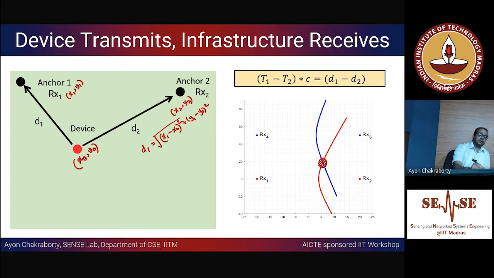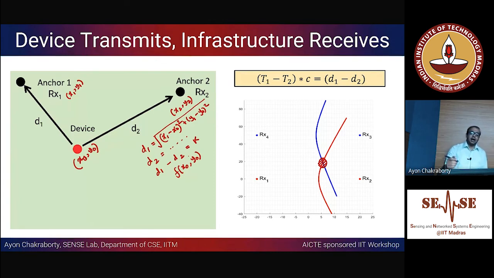You have an idea of what d2 is, and d1 minus d2 is equal to some constant k. Write and expand this equation; everything here is known other than x naught and y naught. This is a function of x naught and y naught that describes a hyperbola. My suggestion is to try it on your own and plot it, so that you get a better insight into how the system works.